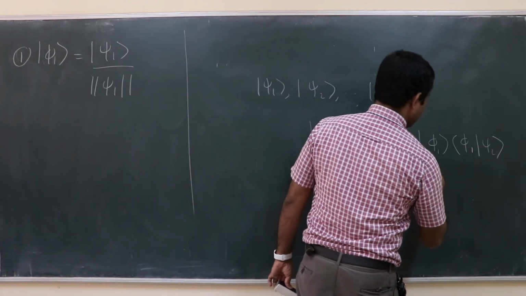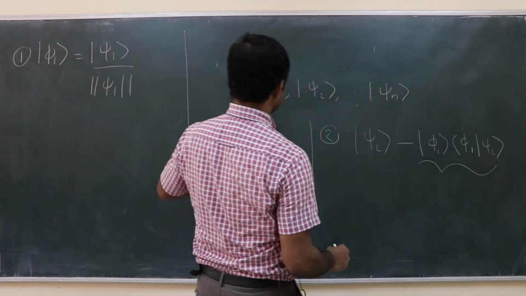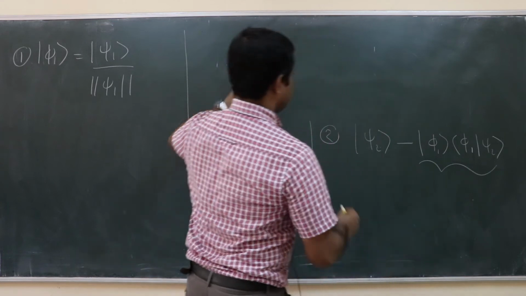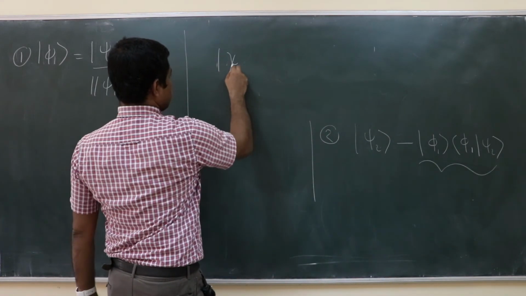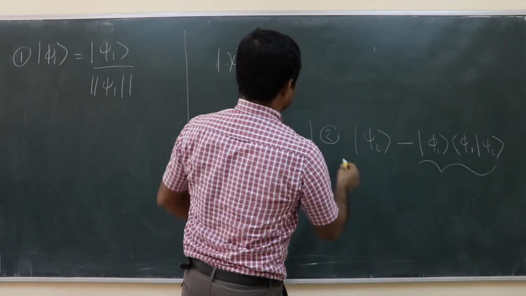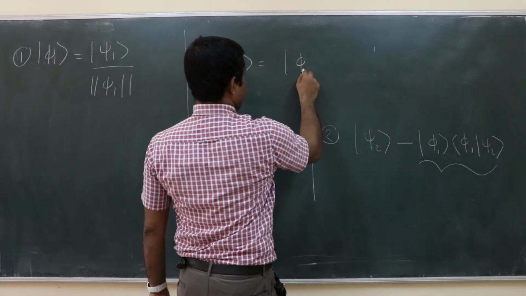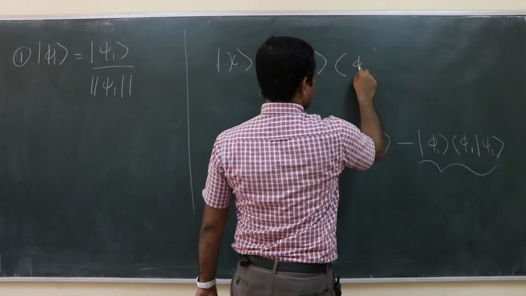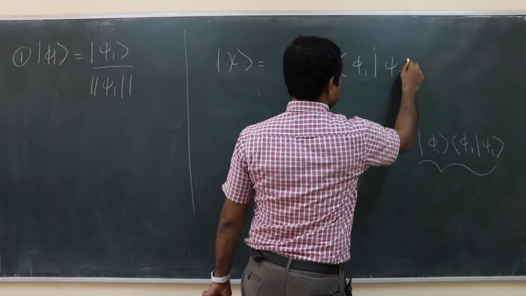Then let me call this ket chi, which is equal to ket psi2 minus ket phi1 bra phi1 ket psi2.